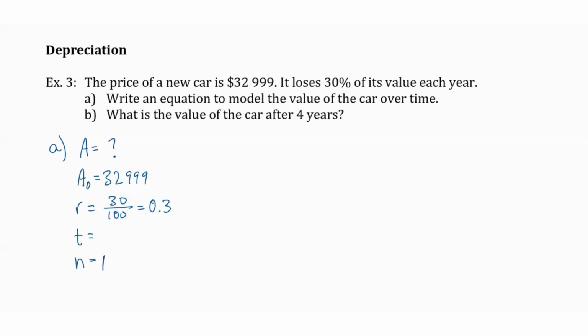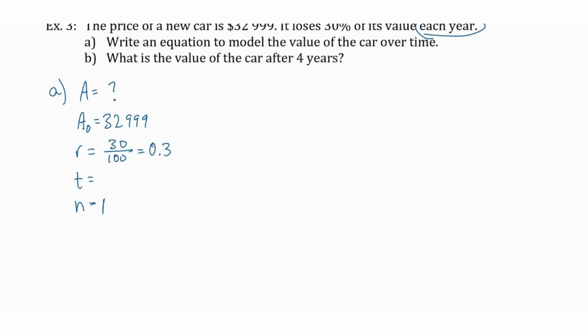Okay, so this is what I got so far. It loses 30% of its value each year, so there's your n equals 1. The starting price was $32,999, so that's the initial amount. You're looking for the final amount. T is going to be 4, but we don't start with that. We just leave it blank. T is T. And the rate is 30%, 30 divided by 100, which gives you 0.3 in this case.